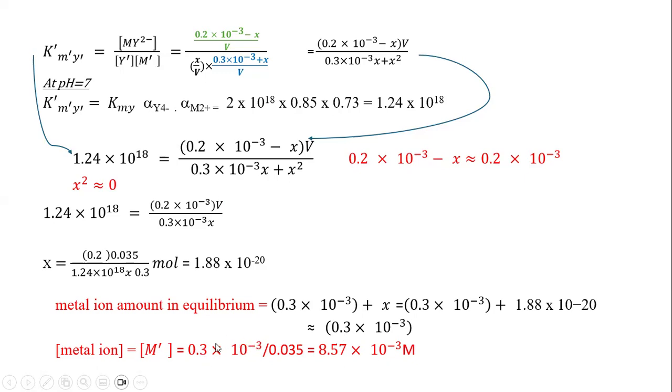It is 0.3 into 10 to the power minus 3 plus X. Since X is very small, this is the metal ion amount, and the concentration is divided by V, this is the answer. Did you get the answer? Anybody? Yes, madam. Very good.